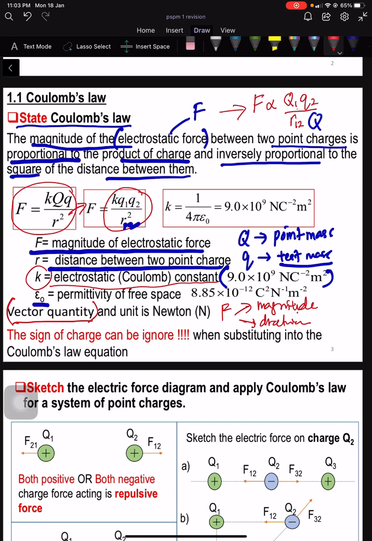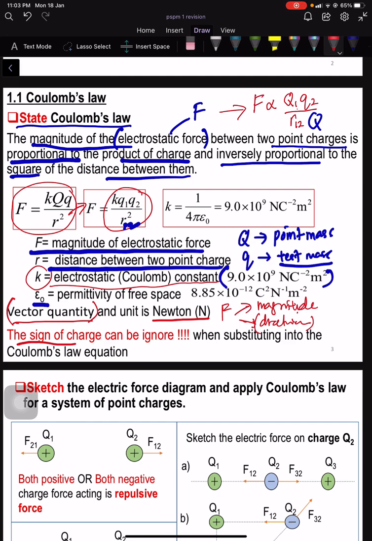That's why when you want to solve a problem for electrostatic force, you must include a diagram of the direction of the forces. The direction is based on the diagram, while the magnitude comes from your calculation. The unit is Newton.